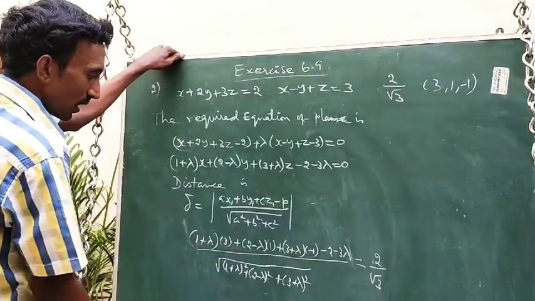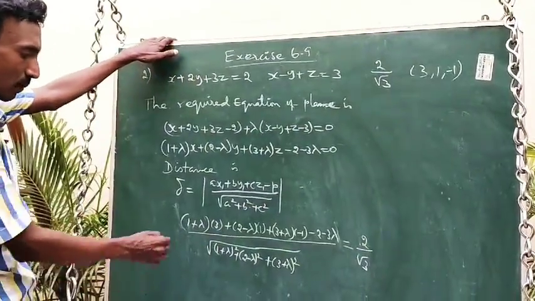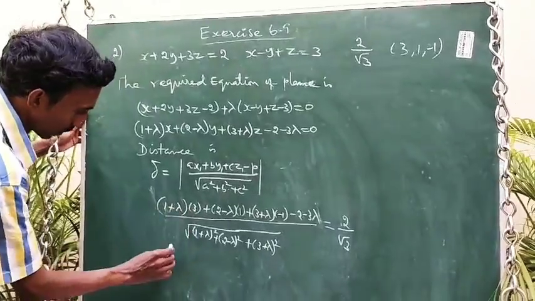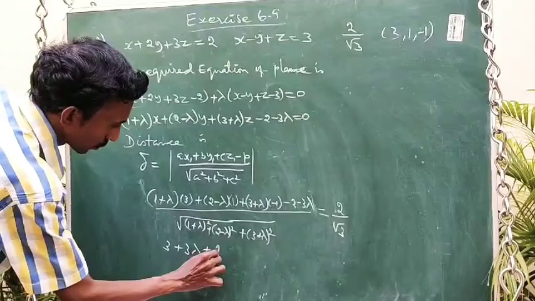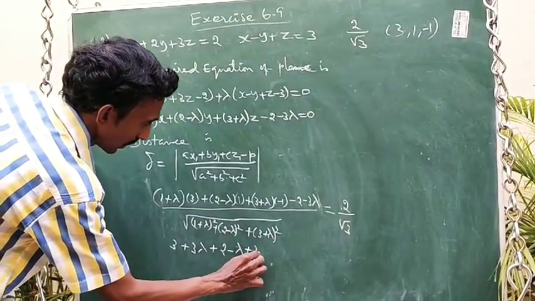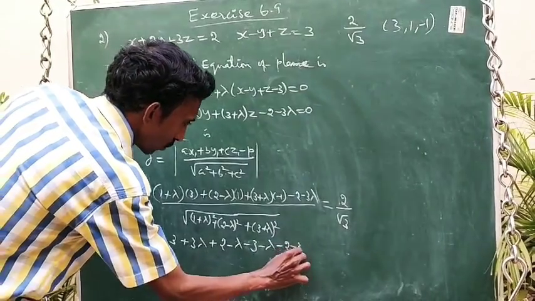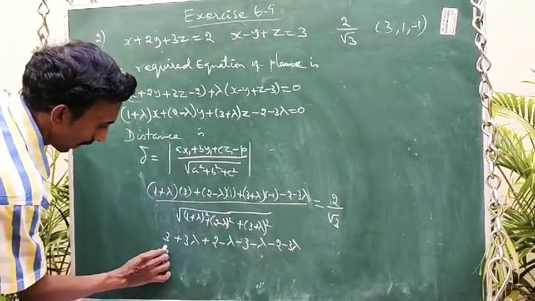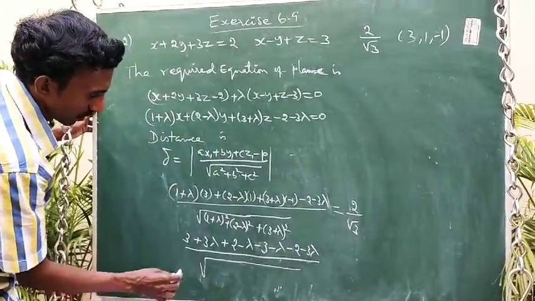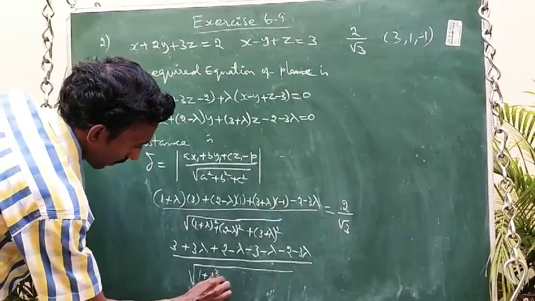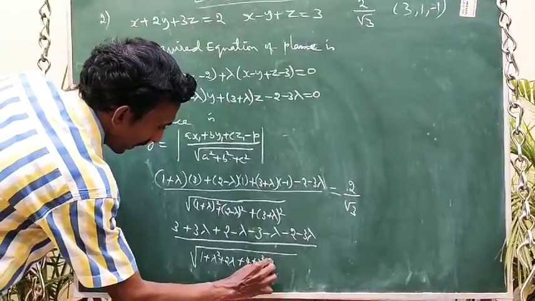So put the values in the formula, given that it is equal to 2 by root 3, and simplify this numerator. So 3 plus 3 lambda plus 2 minus lambda, 3 minus 3 minus lambda minus 2 minus 3 lambda, by root of what we have: 1 plus lambda square plus 2 lambda, 4 plus lambda square minus 4 lambda, 9 plus lambda square plus 6 lambda.